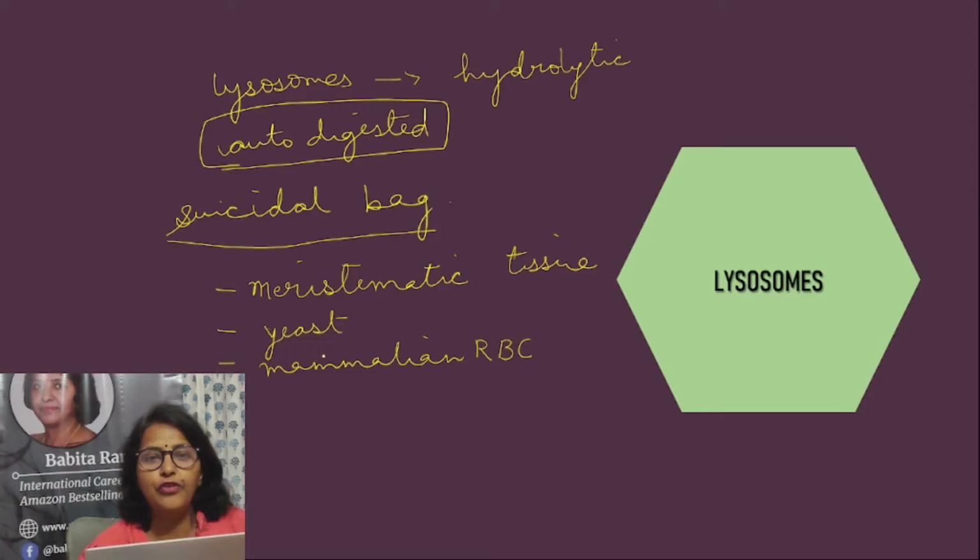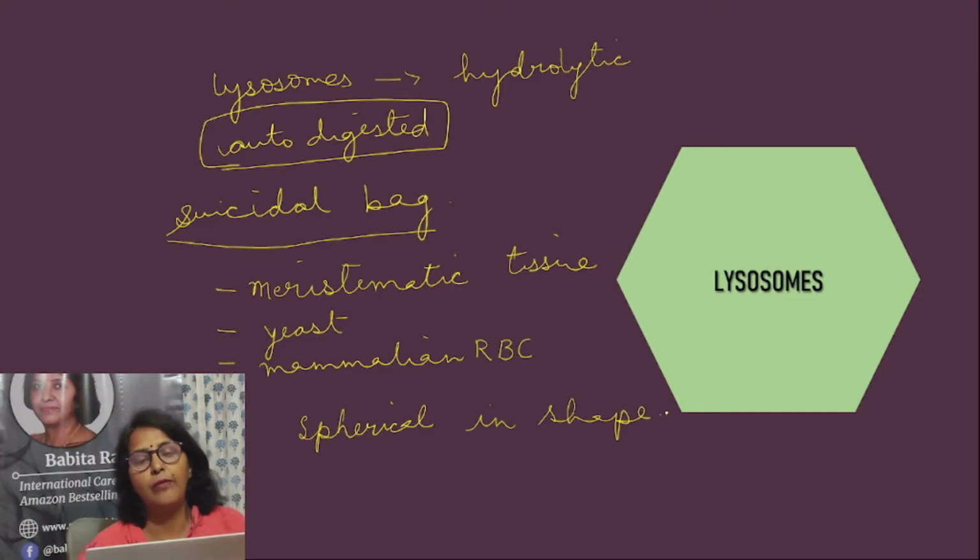So these are a few exceptions where lysosomes are not present. If you look at the shape, it is invariably spherical, always spherical in shape. So this is all about lysosomes.